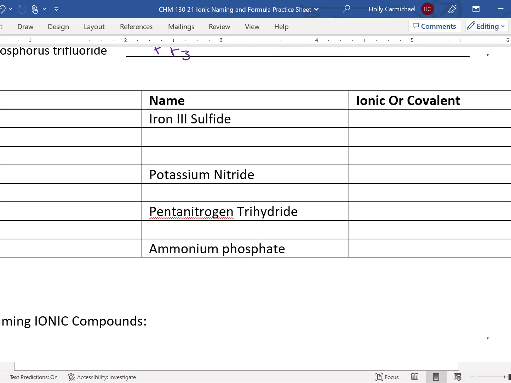Okay, so here's the last one. I'll give you a couple minutes. In this, from the formula, tell me the name and tell me if it's ionic or covalent. It might actually be easier if you just go through and identify ionic versus covalent first. Then, from the name, give me the formula. From the formula, give me the name.